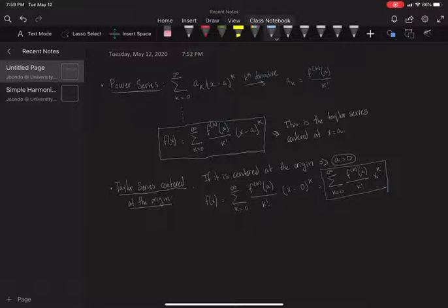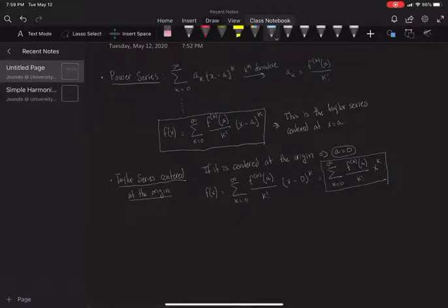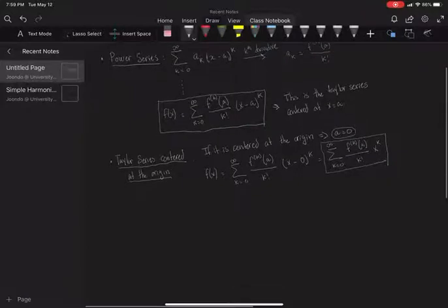And so here's a theorem that I'm going to give without really proving it. So Taylor's theorem, what does Taylor's theorem say?